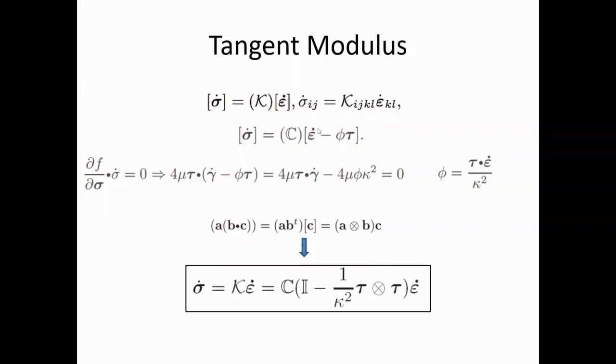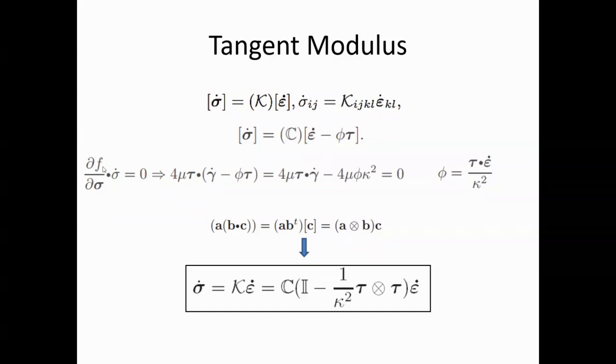We also know that epsilon dot minus epsilon dot P, which is nothing but phi times tau. Phi is the rate. Also, if I differentiate the consistency condition, I know F is a function of sigma.